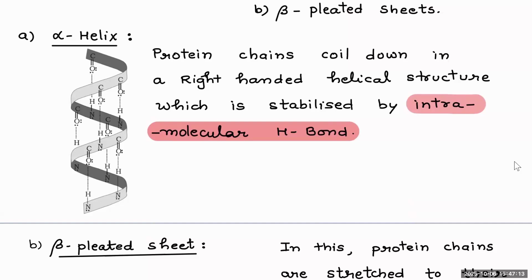In the primary sequence, there will be hydrogen bonding existing from here to here like this. Because of the hydrogen bonding, instead of staying a straight chain, it will start coiling around. And that coiling appears like a helix. That's why it is called alpha helix. So the protein chain coils into a right-handed helical structure, and this is because of its intramolecular hydrogen bonding.